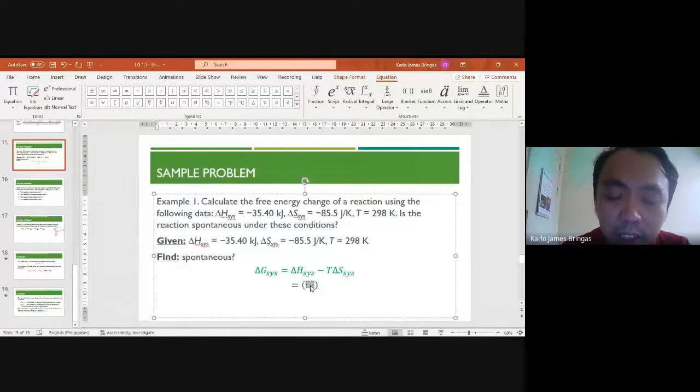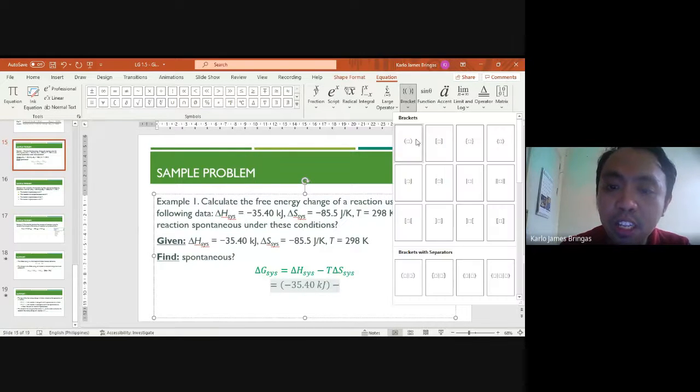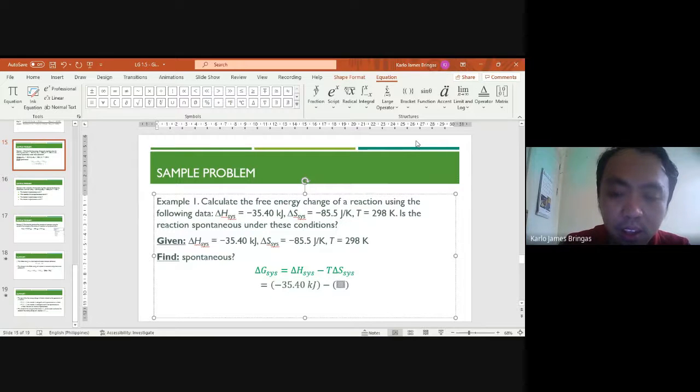Delta H of the system is negative 35.4 kilojoules, minus the temperature, which is 298 Kelvin, times the delta S, which is equal to negative 85.5 joule per Kelvin.